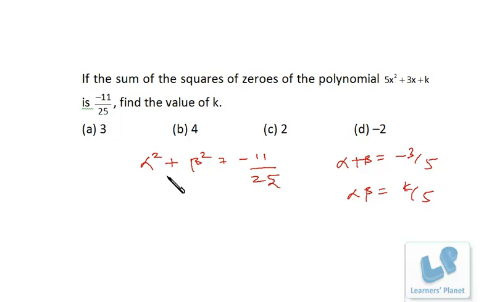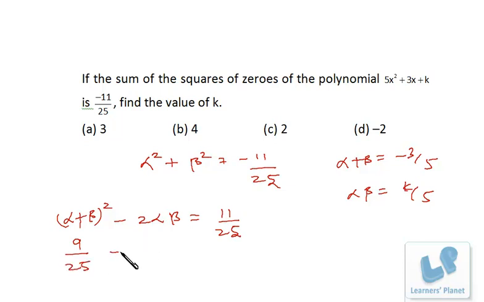Right? So how could we calculate alpha square plus beta square? That is alpha plus beta whole square minus 2 alpha beta, that's minus 11 by 25. Right? Now alpha plus beta whole square will be 9 by 25 minus minus 11 by 25 is equal to 2 into alpha beta, that's 2k by 5. Right?